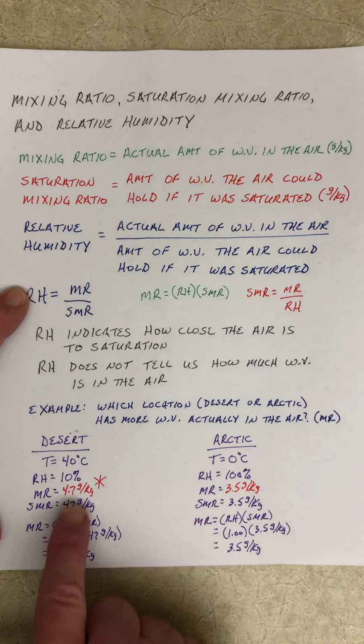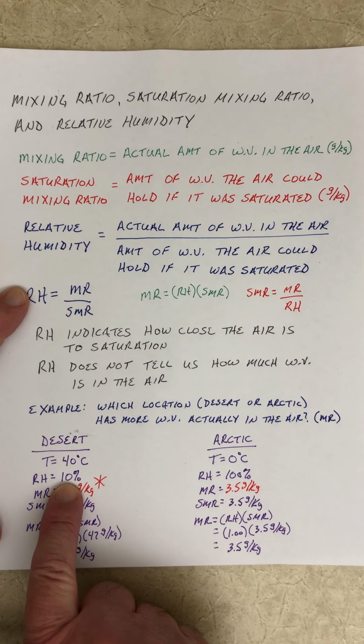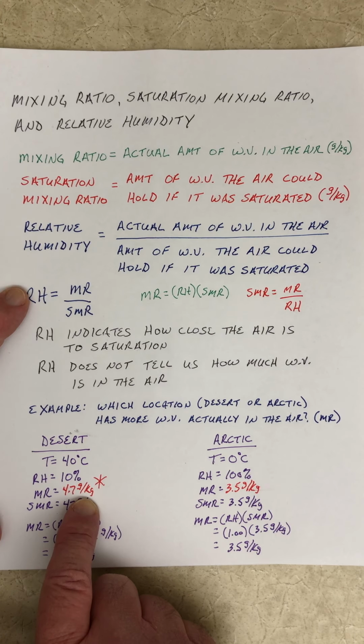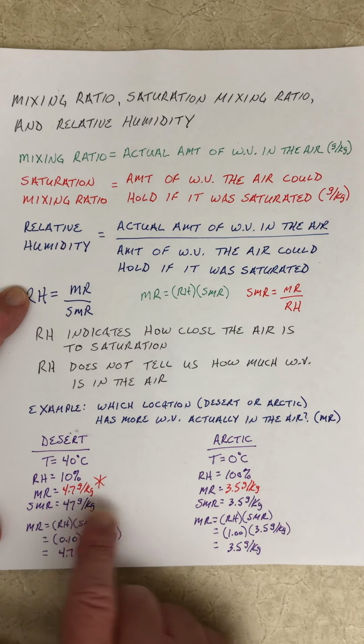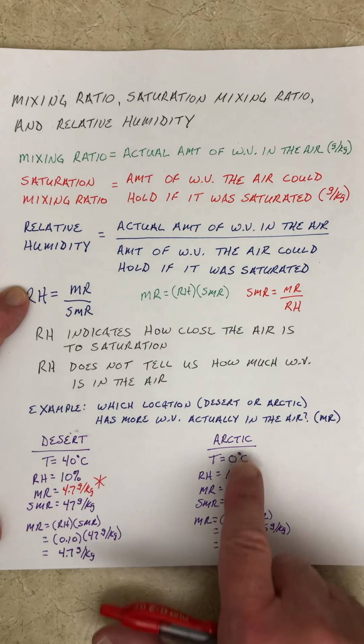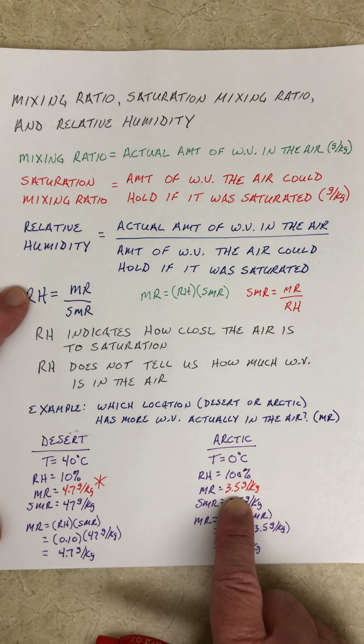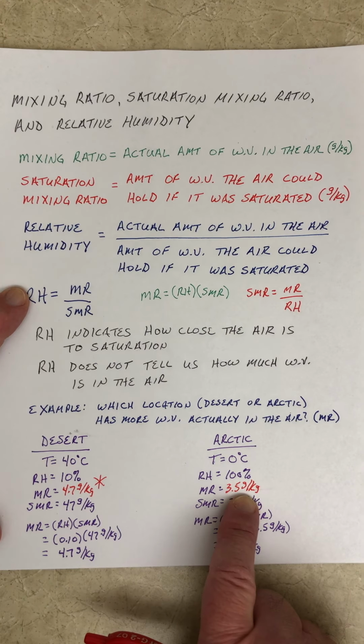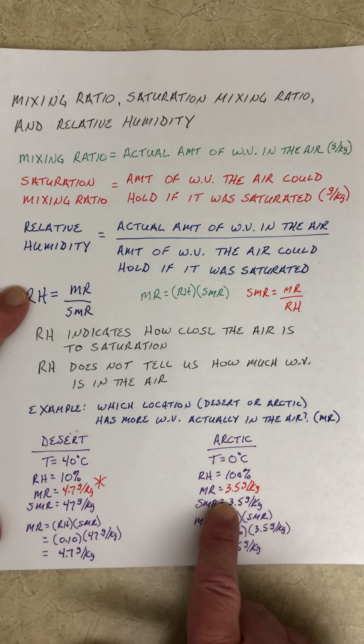And in doing so, we found that the desert, even though it seems really dry at a relative humidity of only 10%, actually has a mixing ratio of 4.7 grams of water vapor per kilogram of air, versus a mixing ratio in the Arctic of only 3.5. So the Arctic, in one respect, has drier air in terms of mixing ratio.